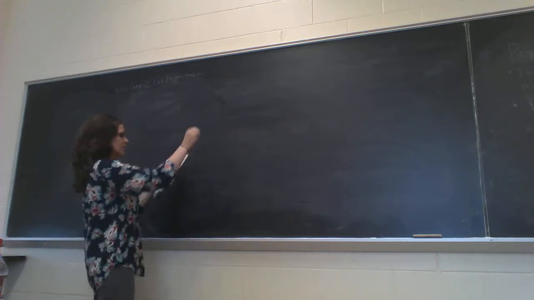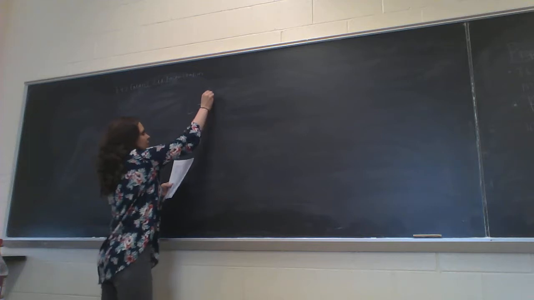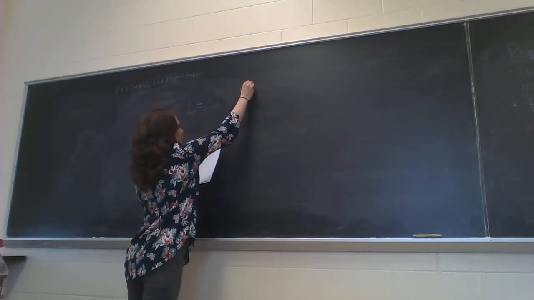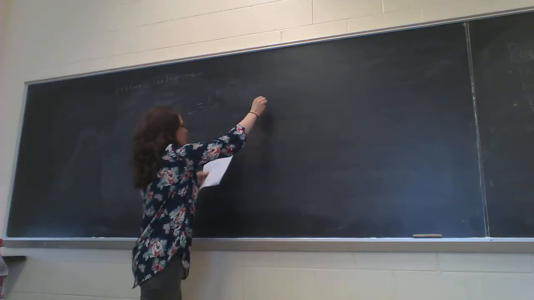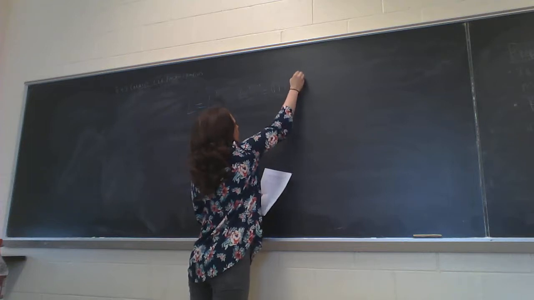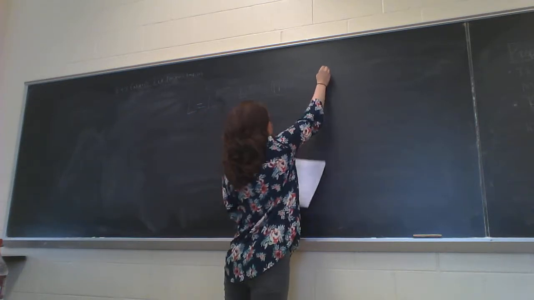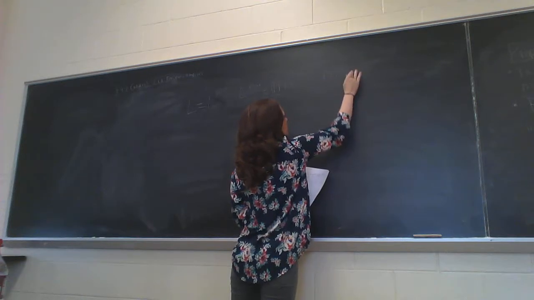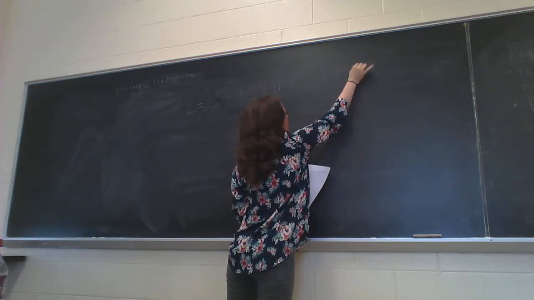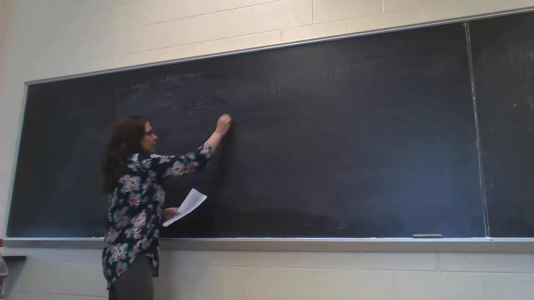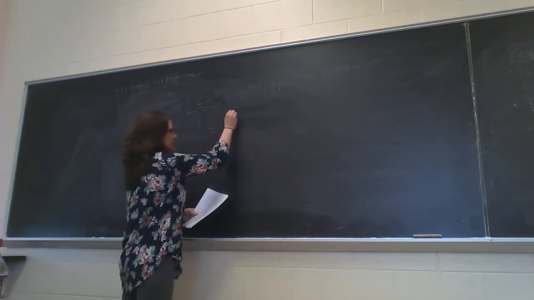So if M is all of them multiplied together, then we can say L is L1 times all the way up to Ln minus 1, and this is equal to M1 inverse all the way up to M n minus 1 inverse.